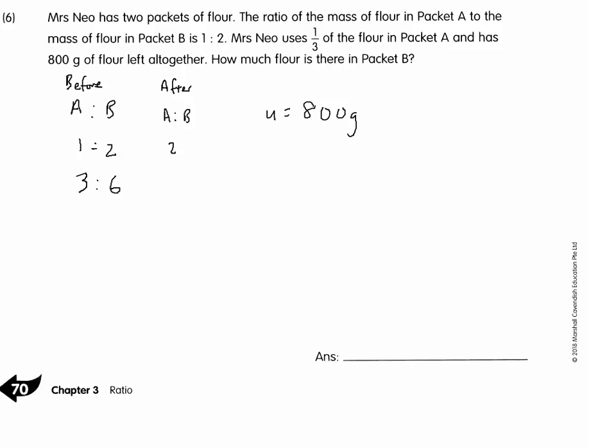So 8 units equals 800, so 1 unit equals? 100. How much flour is there in packet B? 6 units, right? 600. And this equals 600 grams. Okay, next question.